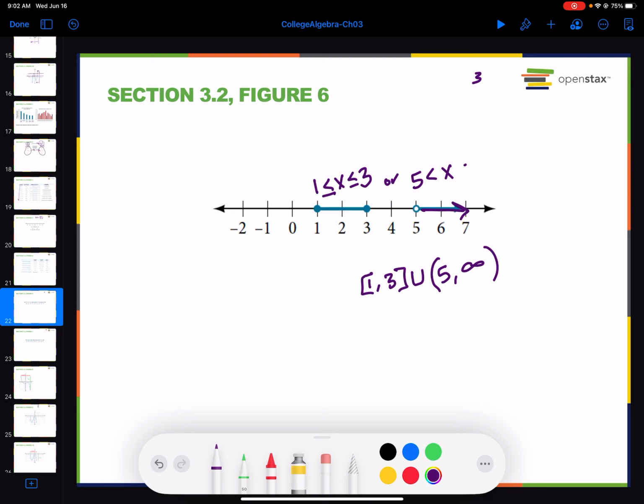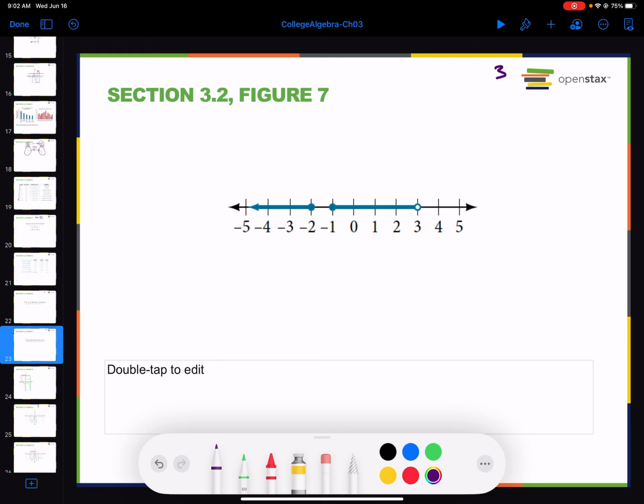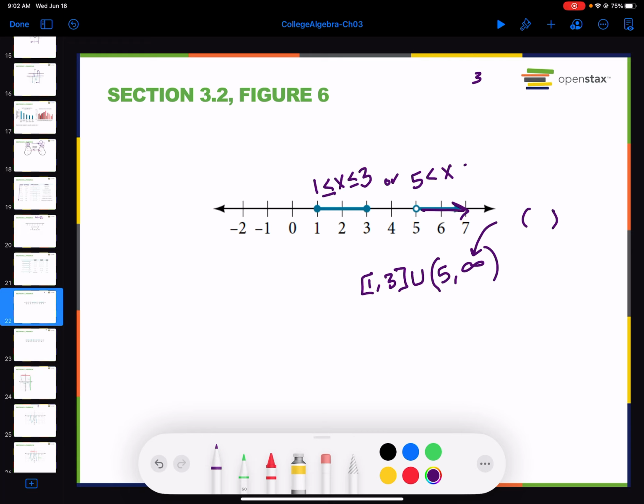And remember, anytime you do infinity, you're always going to use the parentheses, because we can't actually ever reach infinity, so we can never actually include infinity, if that makes sense. So always keep that an open parenthesis. And let's try this one. Oh, and then let's go back to set builder notation for this one.